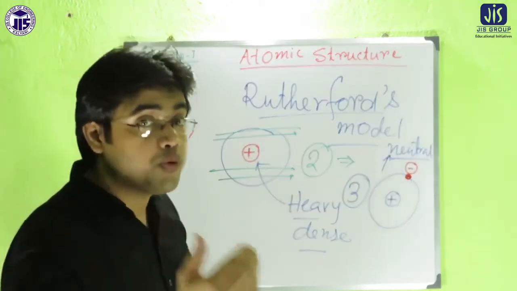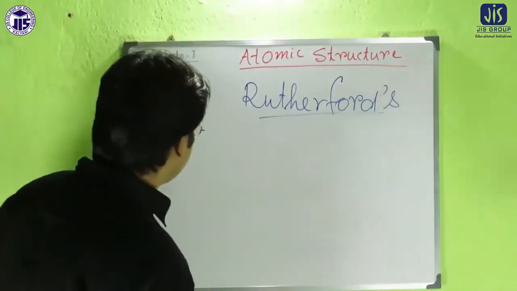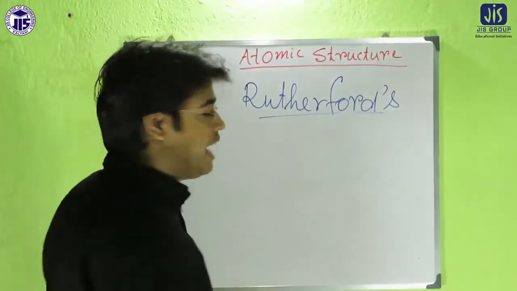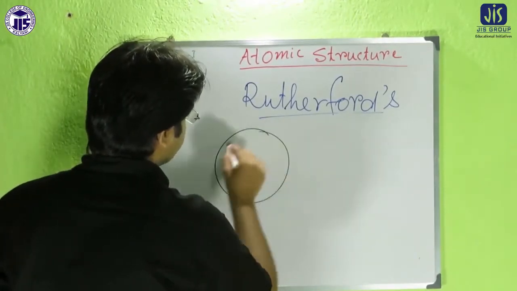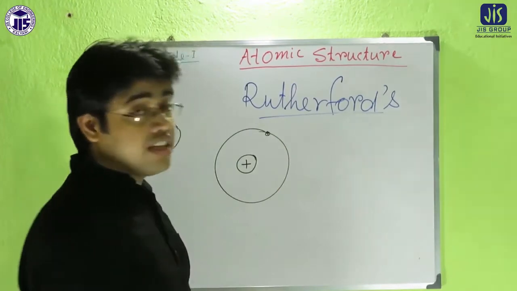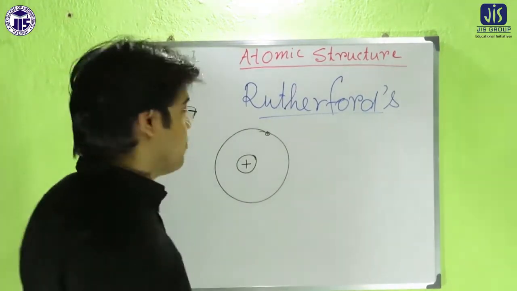Now come to the fourth postulate of Rutherford's model. Rutherford explained the stability of the atom. According to Rutherford, if an electron revolves around the nucleus, then 2 forces act in opposite directions.